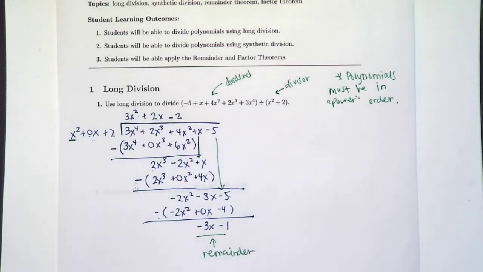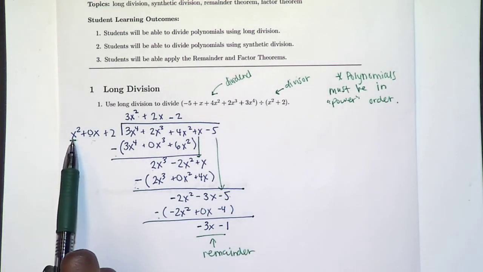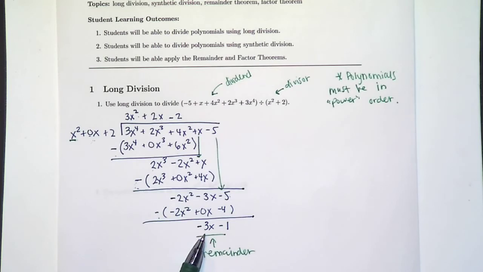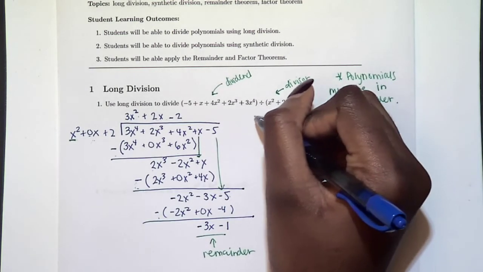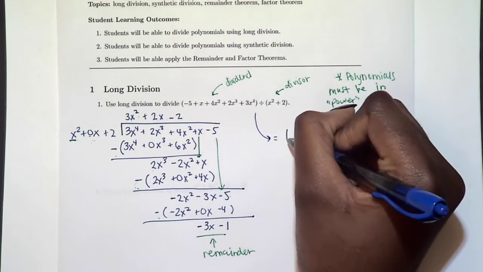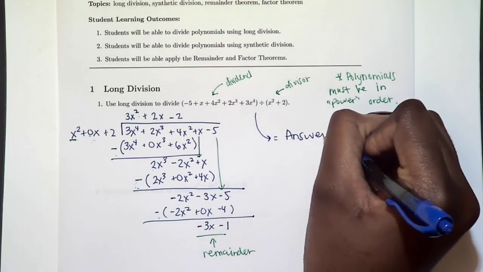And it's the remainder because x squared is not going to go into x, right? We can't multiply x squared by anything to get x. Okay? All right, so now how do you write your answer? Well, this is our answer.